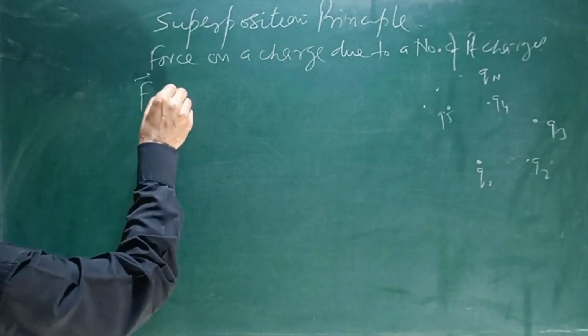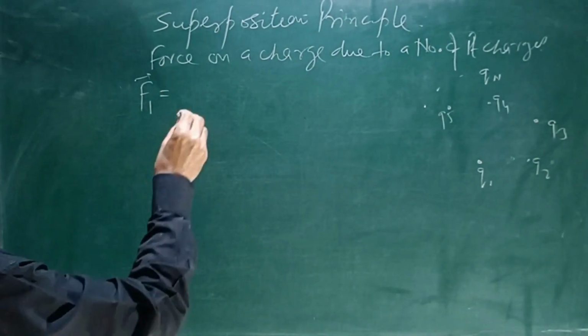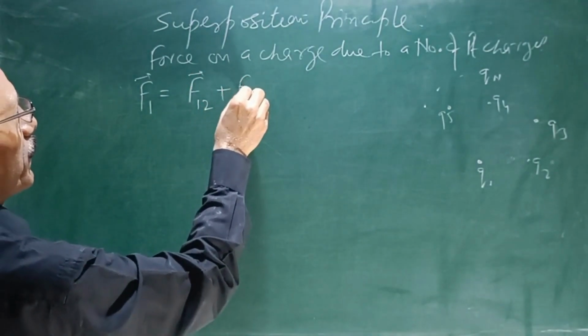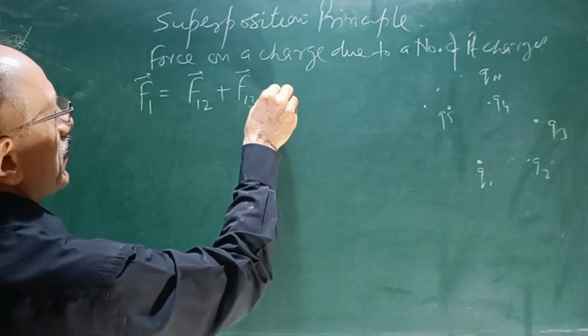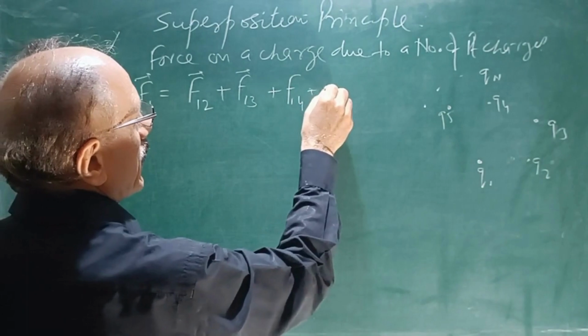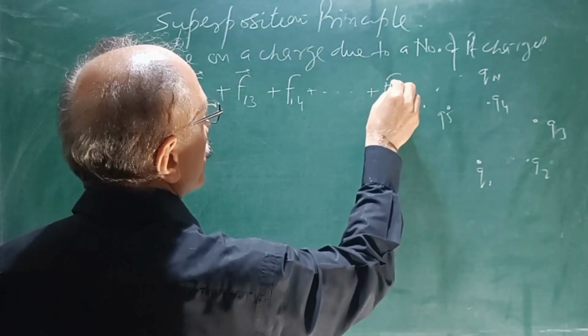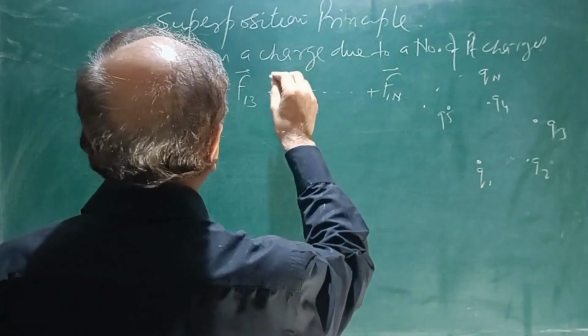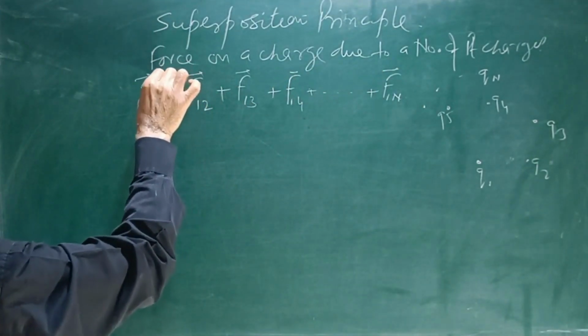Force on 1 will be equal to force on 1 due to the second charge, plus force on 1 due to the third charge, plus force on 1 due to the fourth charge, and likewise up to force on 1 due to the nth charge. So this will be the F total, F1 total.